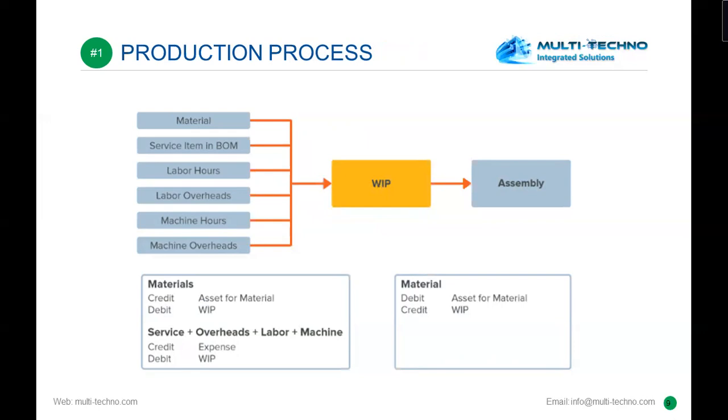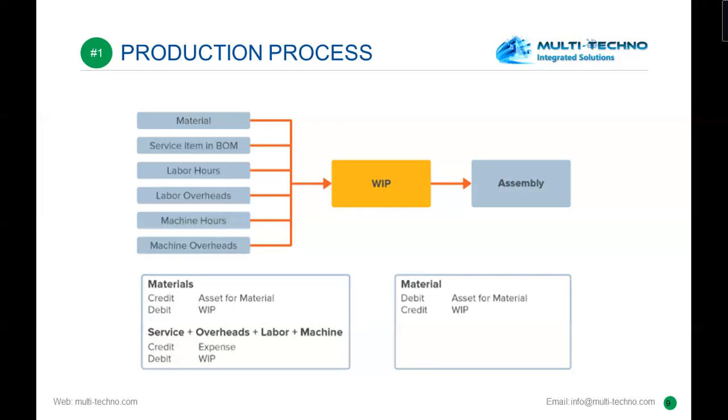A service item is used for outsourcing. If I have outsourced anything, I use a service item, specify the amount for it, and then a PO is created automatically when I create and plan our work order. So a PO is created for the service item.